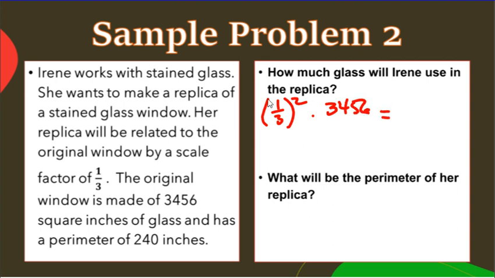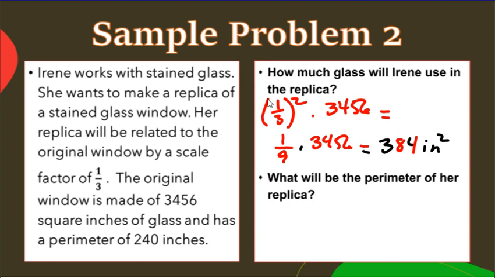So really it's 3,456 divided by 9, because 1/3 squared is 1/9. So 3,456 divided by 9 or times 1/9 would give you 384 square inches.